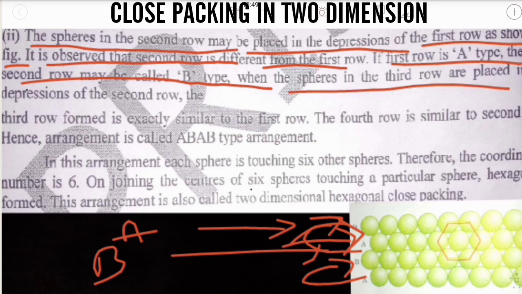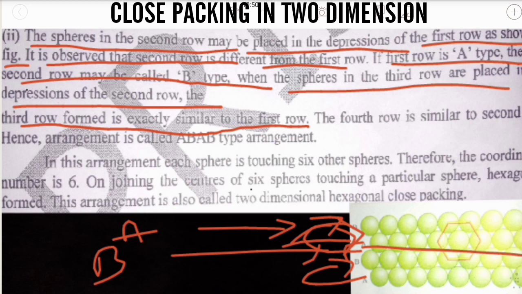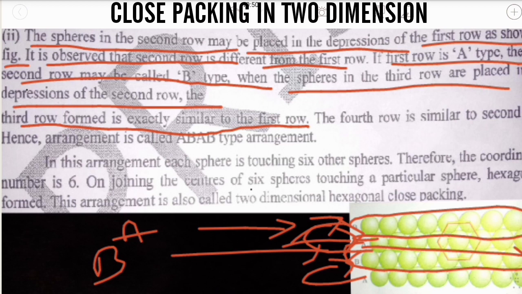When the spheres in the third row are placed in the depression of the second row, the third row formed is exactly similar to the first row, and the fourth row formed is exactly similar to the second row.